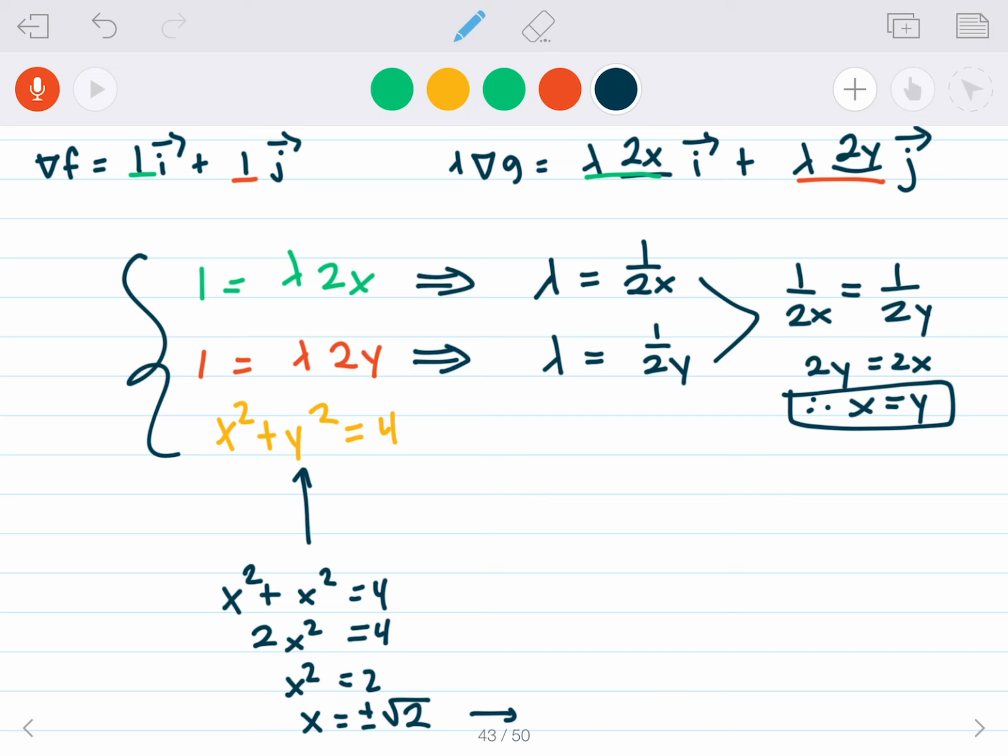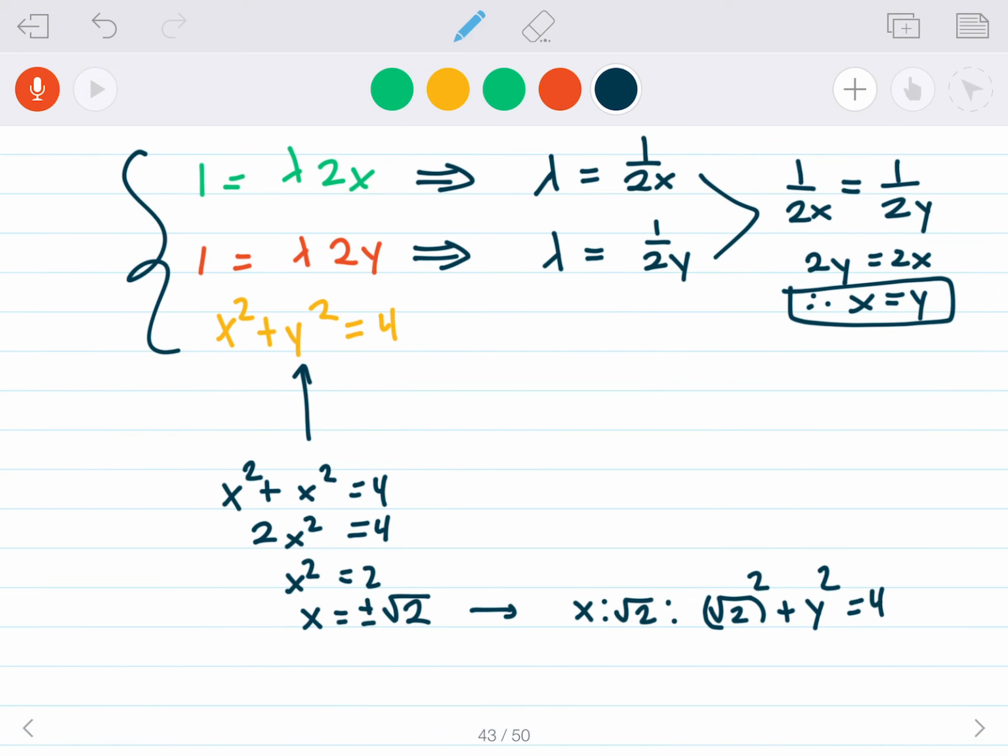so let's see. We have x is root 2, so root 2 squared plus y squared equals 4. So we have root 2 squared is 2 plus y squared equals 4. So y squared equals 2, so y is equal to plus or minus root 2.